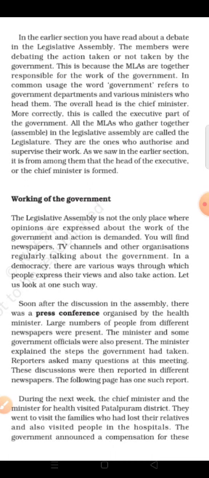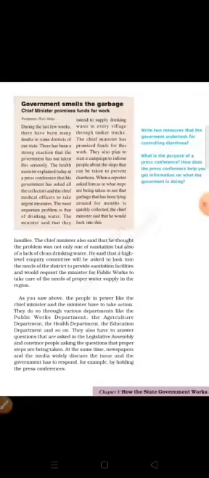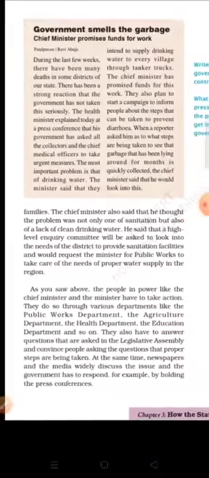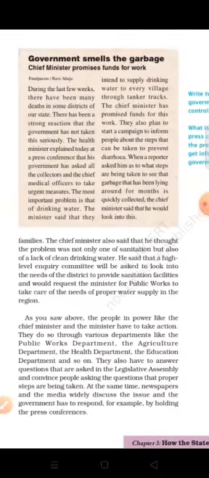During the next week, the chief minister and the minister of health visited the Patalpuram district. They wanted to visit the families who had lost their relatives and also visited people in the hospitals. The government announced compensation for these families. The chief minister also said that he thought the problem was not only one of sanitation but also a lack of clean drinking water.